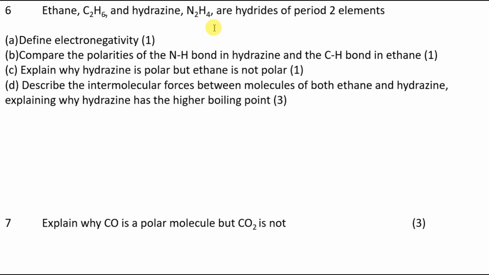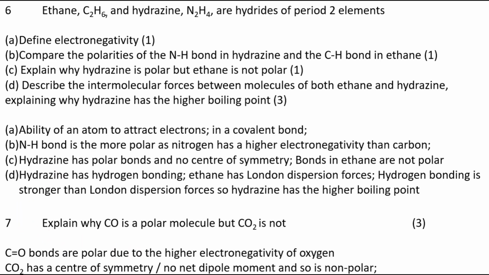Ethane and hydrazine, hydrides of period 2 elements. And 4 short questions. And then explaining why CO is a polar molecule but CO2 is not. For A, the ability of an atom to attract electrons in a covalent bond.